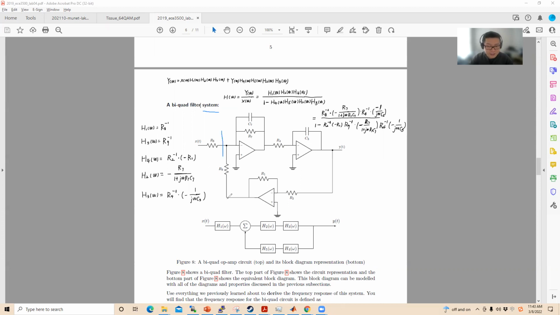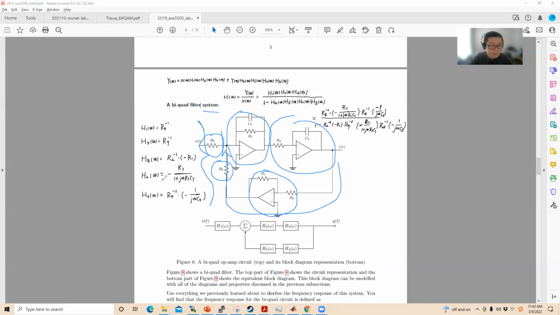You can see this complex system can be divided into five individual systems. This is H1, this is H2, this is H3, this is H4, and this is H5. And we also have the feedback loop.